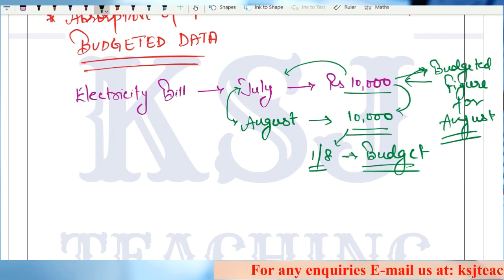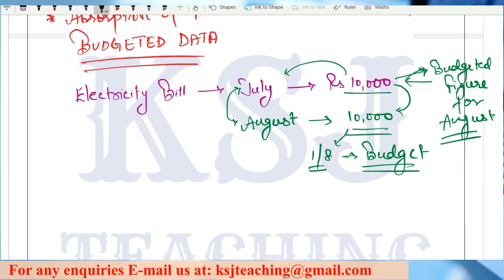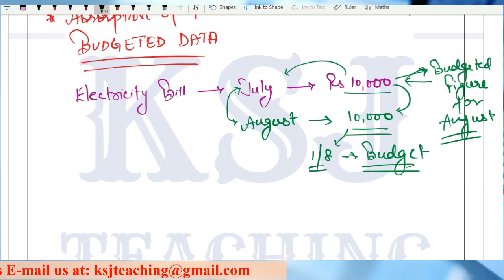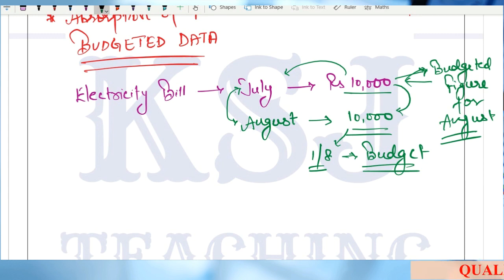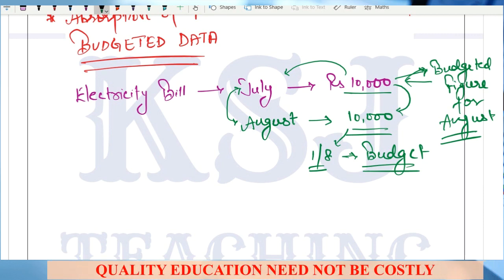Now, how can your senior tell you? On the basis of his experiences. Experiences are always a learning thing. You learn a lot from your experiences, and this is what your father is doing. From his experiences, he's setting aside 10,000 rupees as the electricity bill.